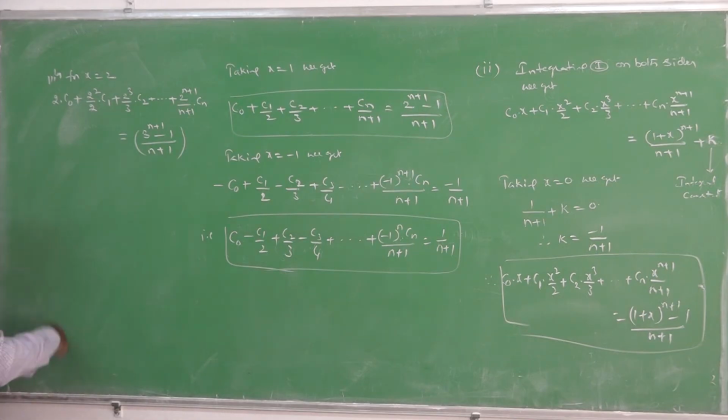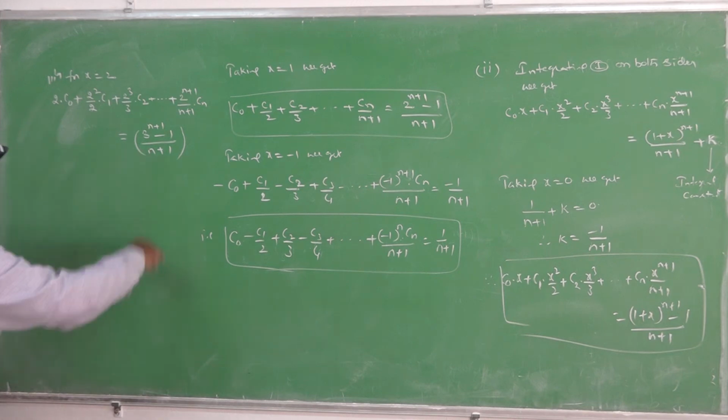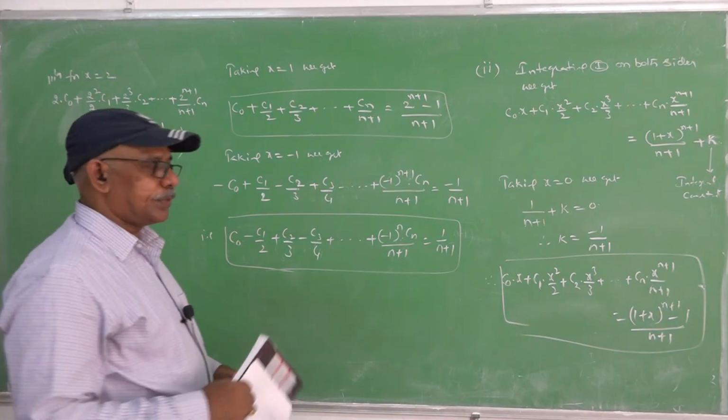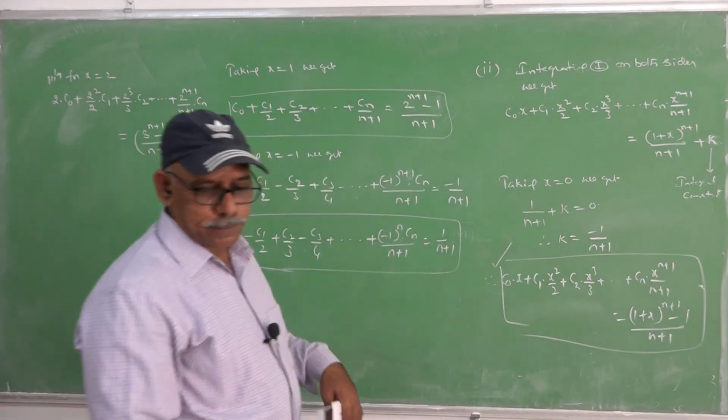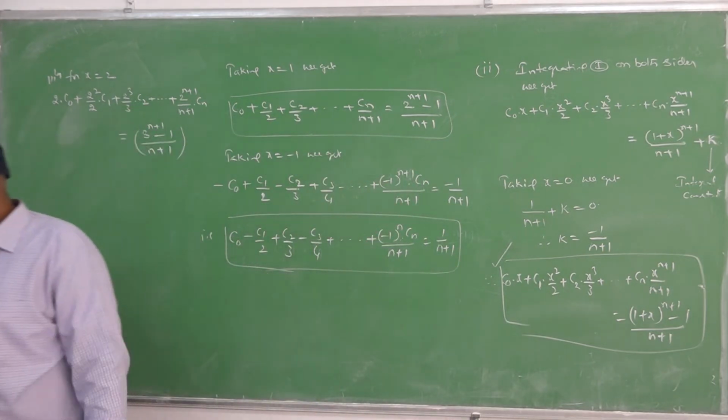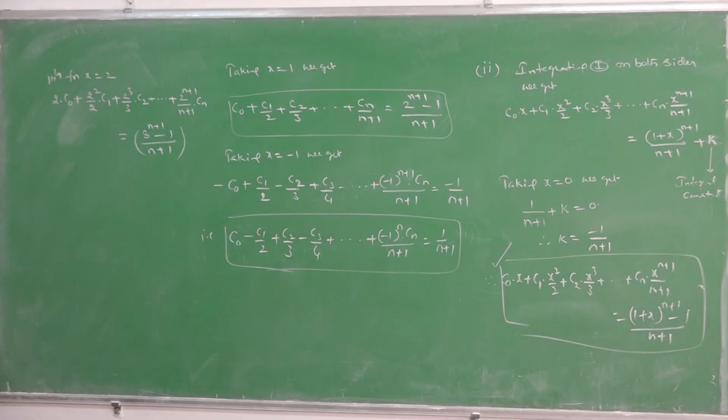Taking 2 as common, you can take that 2 to the denominator of this value. So these are all different relations belonging to the binomial expansions. Based on that result, taking different values for x, we get different results.